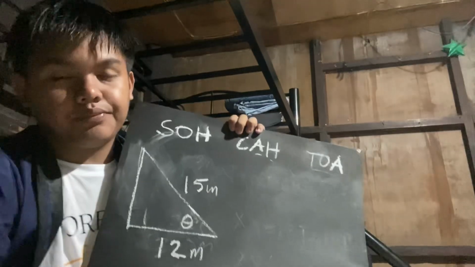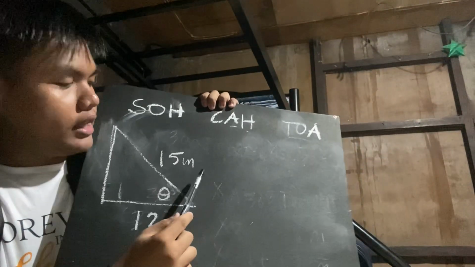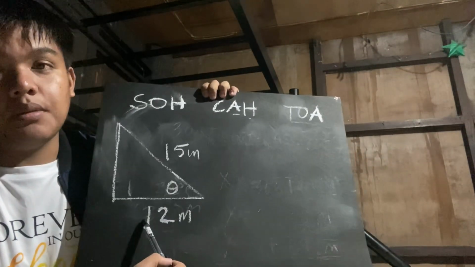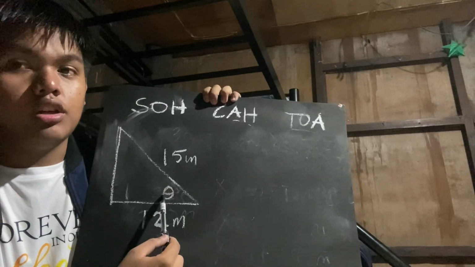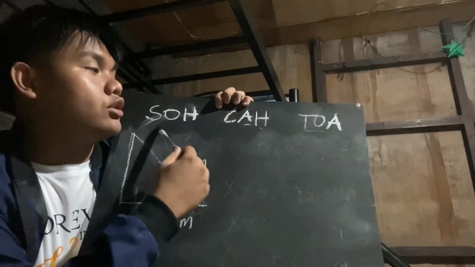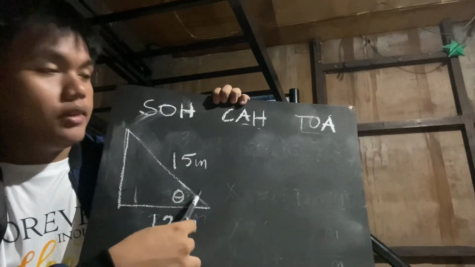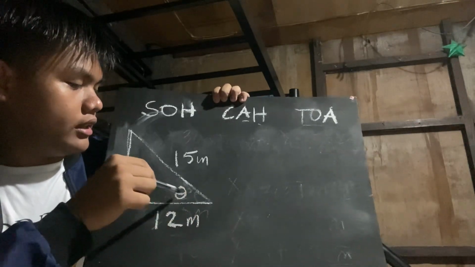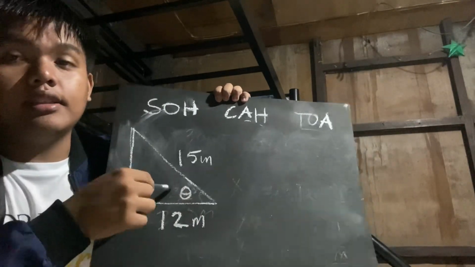Now, we'll move along. We will now try finding the angle. What if we have a given of two sides, but we need to find the angle? We can still use SOH CAH TOA. Imagine this is the angle.